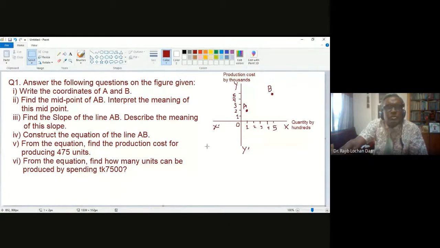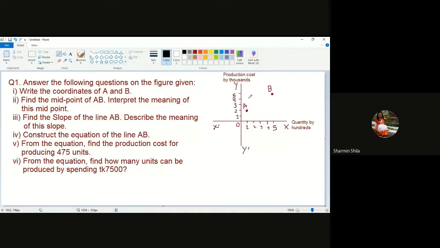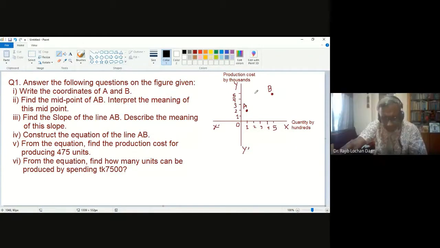So let us do it one by one. How can you answer question number 1? The question is very simple: coordinates of A and B. So who can tell me coordinates of A and B? A is 1, 2. Yes, and B?